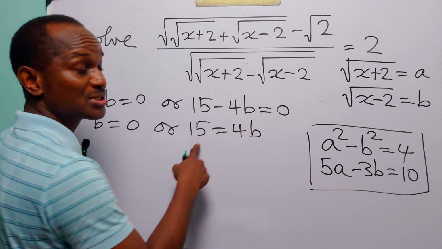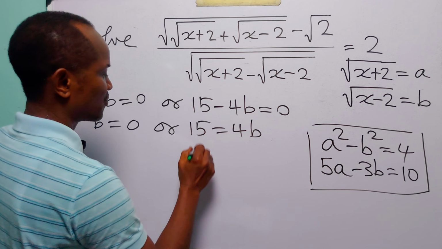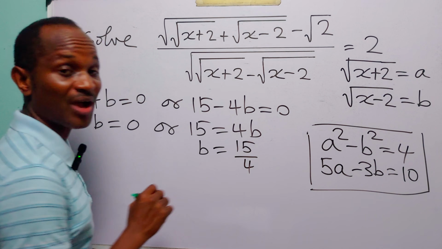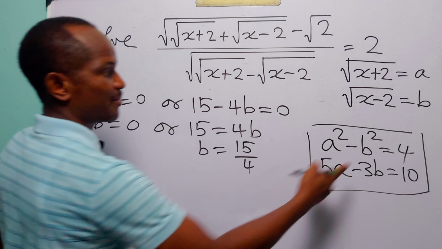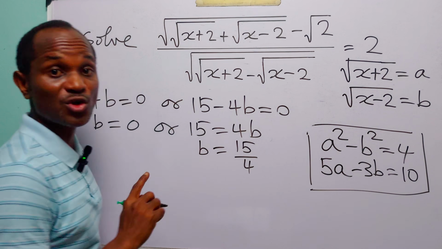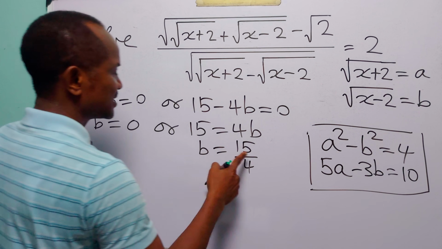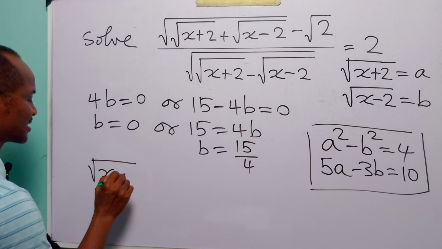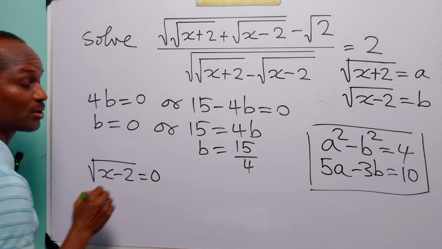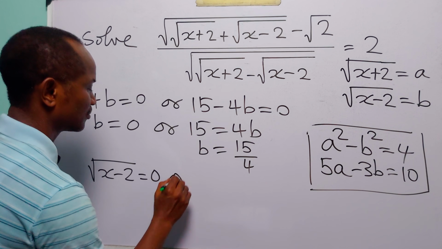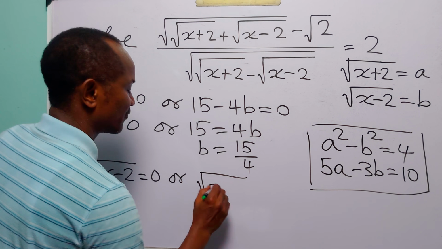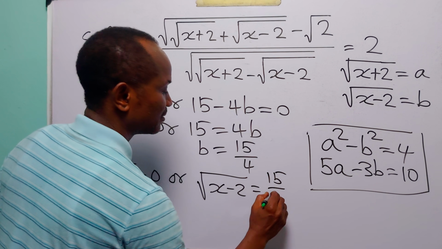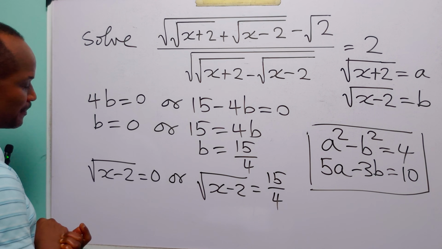Now, when we divide both sides of this equation by 4, we have that b is equal to 15 over 4. And of course, remember that b is the square root of x minus 2. So this means that either the square root of x minus 2 is equal to 0 or the square root of x minus 2 is equal to 15 over 4.